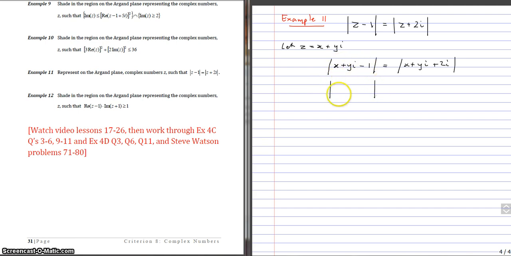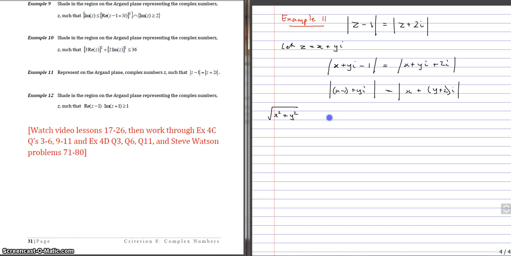So we've got our real part here, which is x minus 1, plus yi, and on the other side we have x plus, and then y plus 2 is our imaginary part. Now modulus, remember, is found by the square root of our real part squared plus our imaginary part squared.